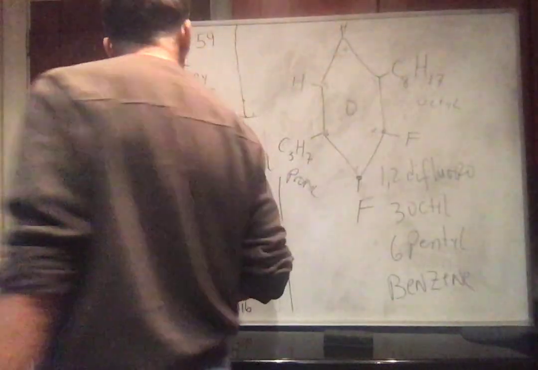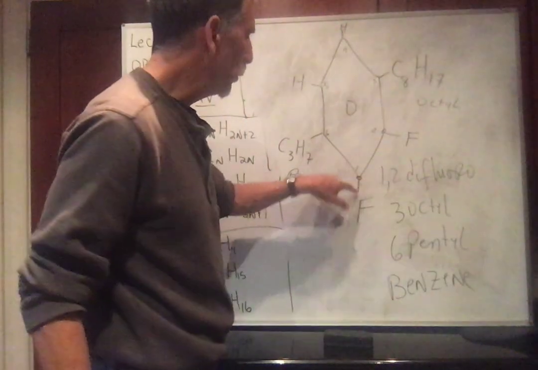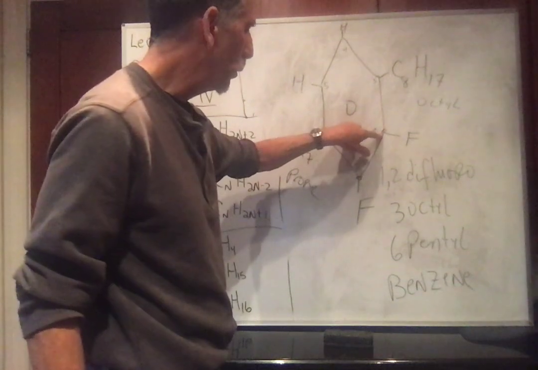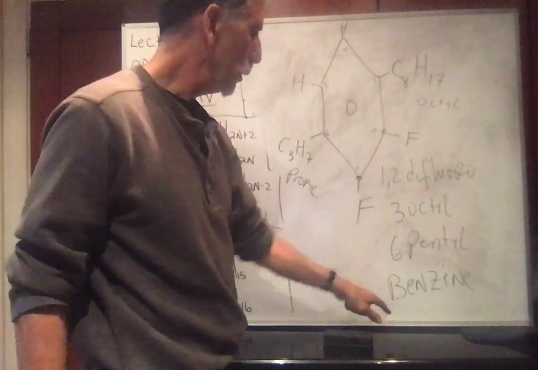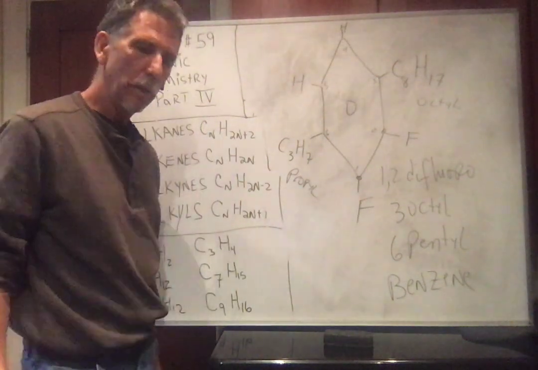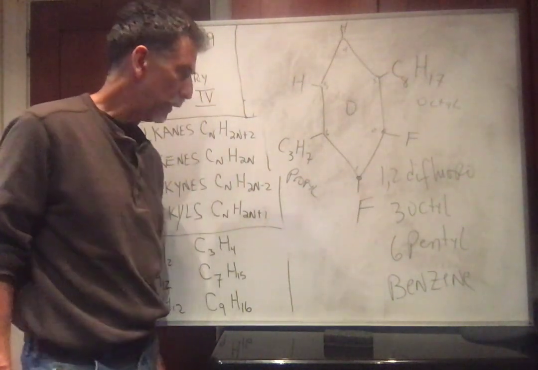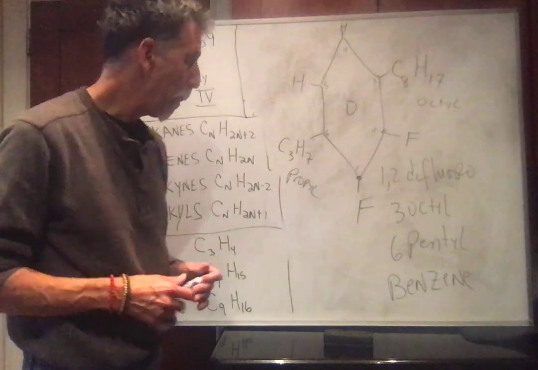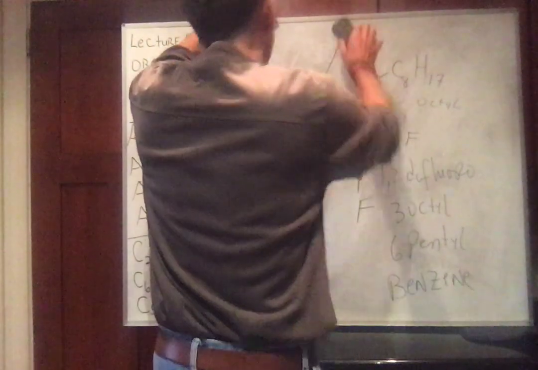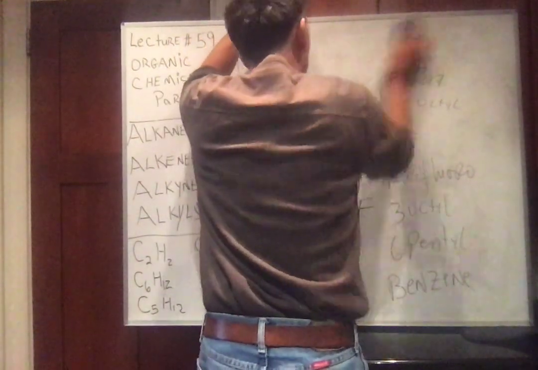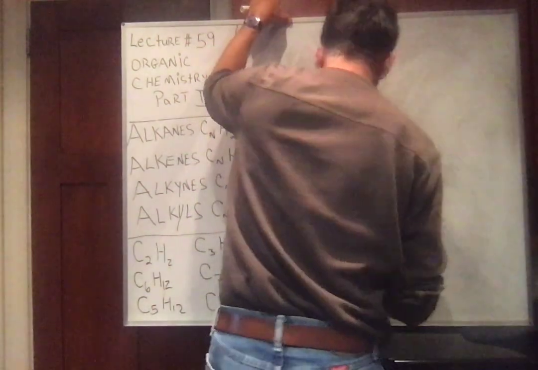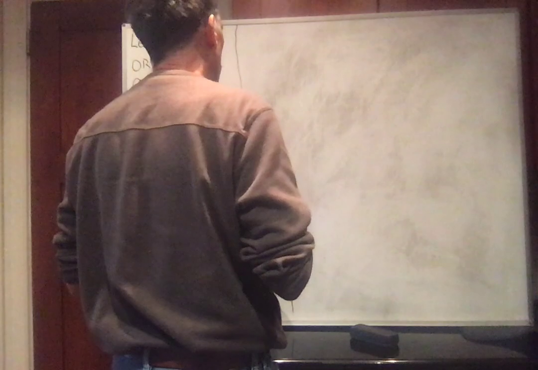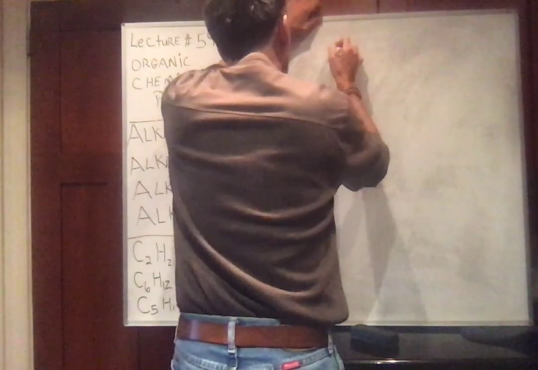It's good. 1, 2, difluoro. On carbon 3 is the octyl, and on carbon 6 is the pentyl. See, not that bad. These aren't so bad, are they? Okay. Let's do another one.